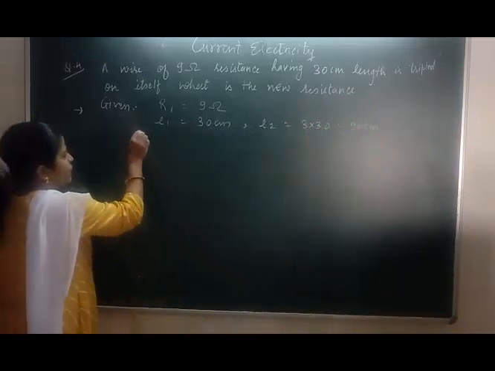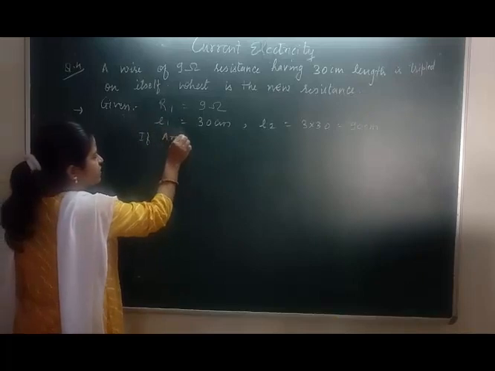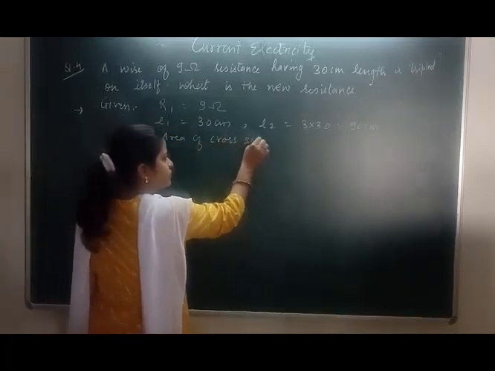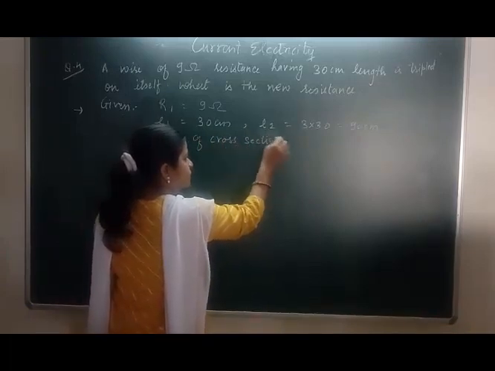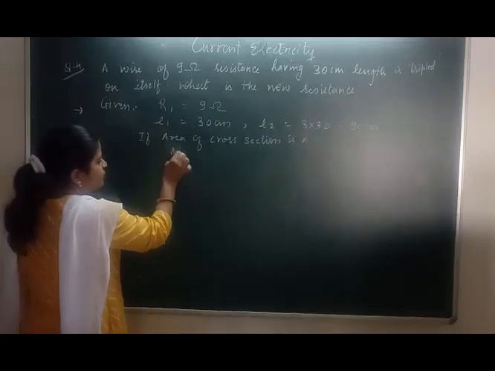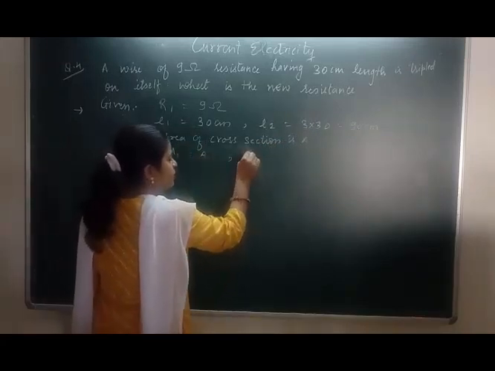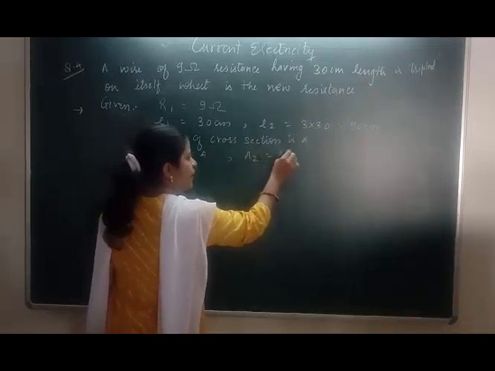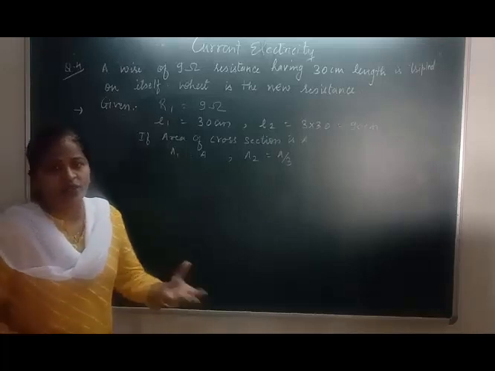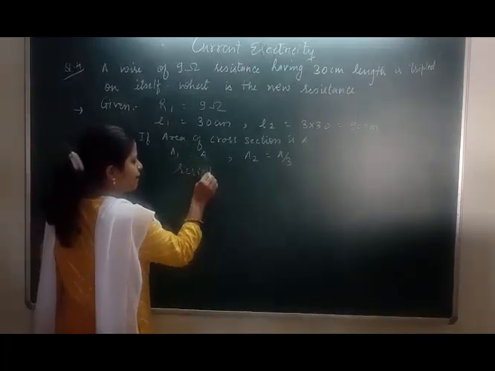If area of cross section is A, then A1 is equal to A, and A2 will become A by 3. As it is made up of the same material, the resistivity will be same.